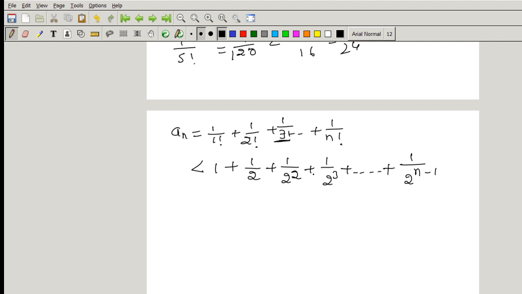The first term is the same. Here we have n terms.